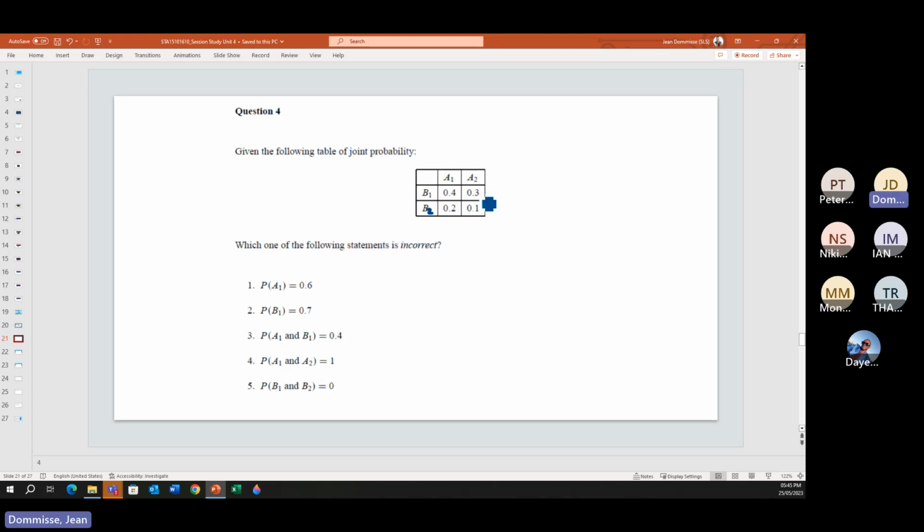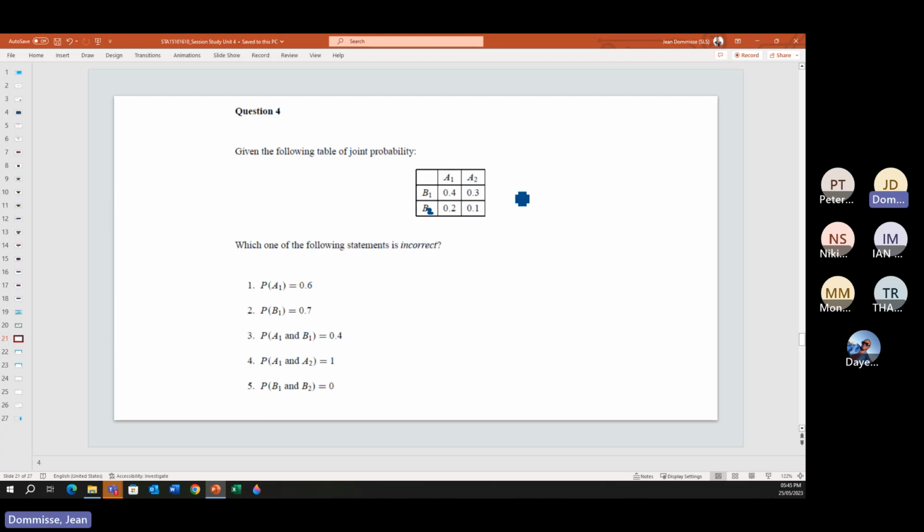In this table, they just tell you that you have event A and you have event B. Sometimes just by not saying anything else about it, it makes it more difficult. It's much easier to understand if it is something that you can relate to. Here it is just two events, A and B.